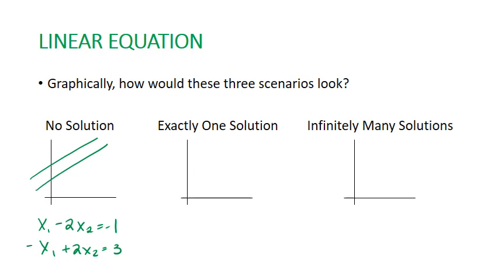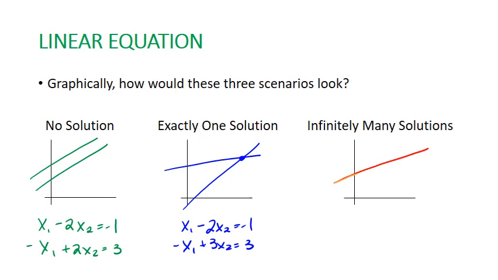Exactly one solution will occur when the lines intersect in one location. An example of this system would be x1 minus 2x2 is equal to -1, negative x1 plus 3x2 is equal to 3. Finally, infinitely many solutions will look like one line and another line directly on top of it.